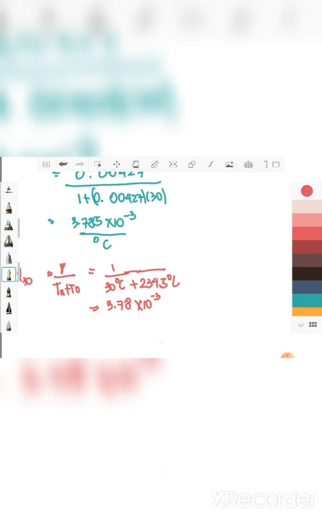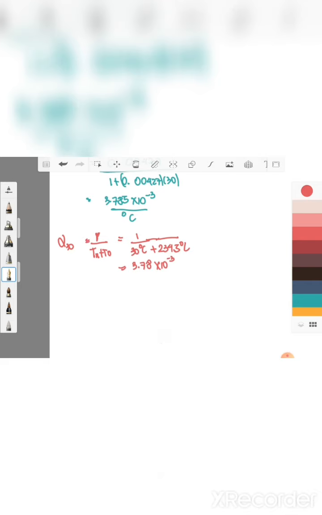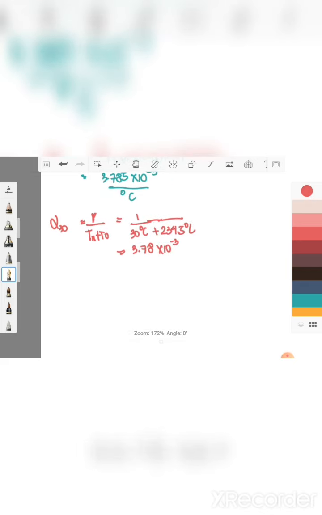Okay, so what is the resistance at 100 degrees Celsius? Let us use the formula of resistance with respect to temperature. We have RF is equal to R1 multiplied by 1 plus alpha delta T. This is another formula.